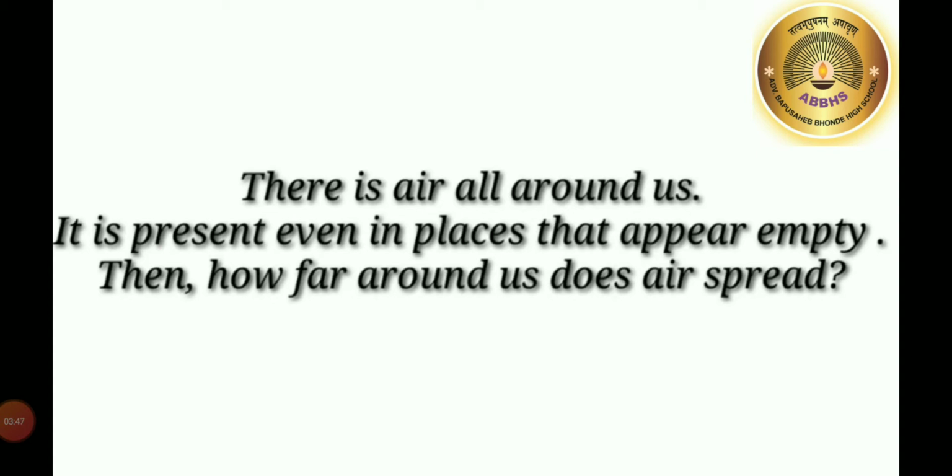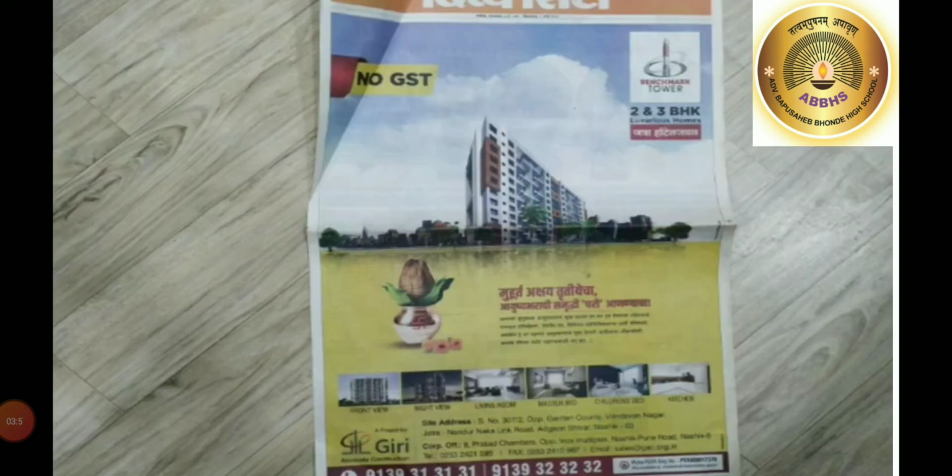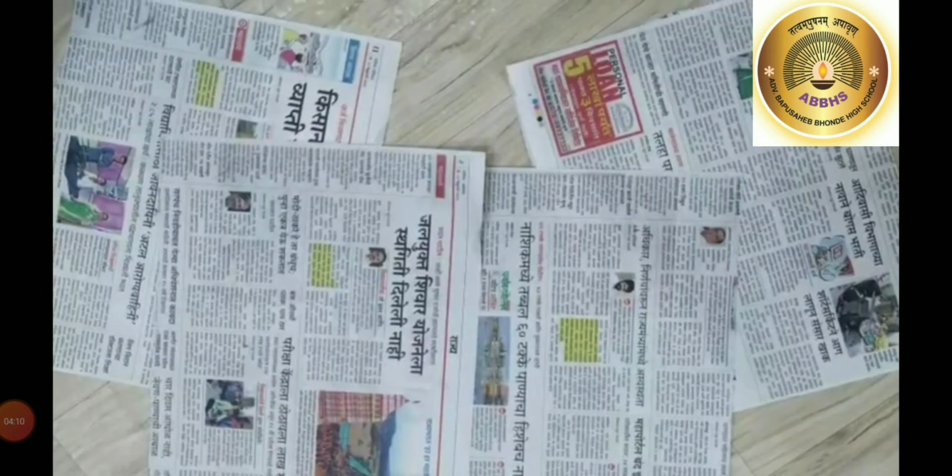For this, students, we are going to try one more activity from page number 57 of our textbook. So here, you have to take large sheets of any waste paper or obtain old newspapers of about 1 month and tear each of the sheets into 4 pieces.